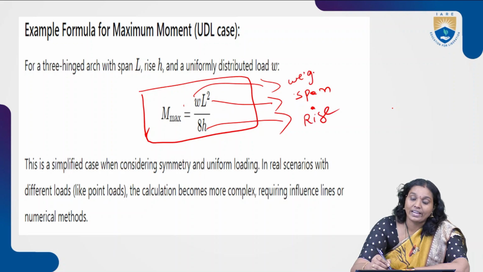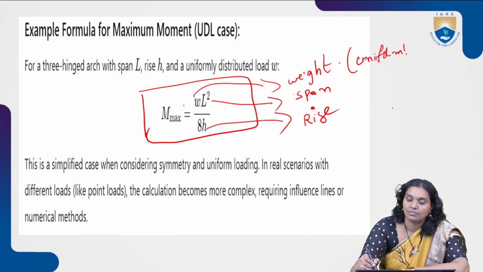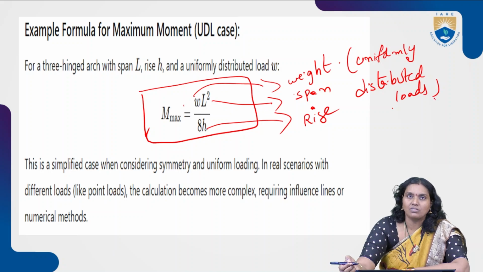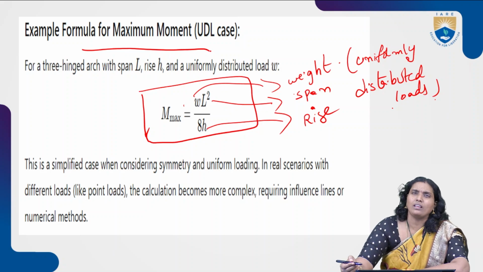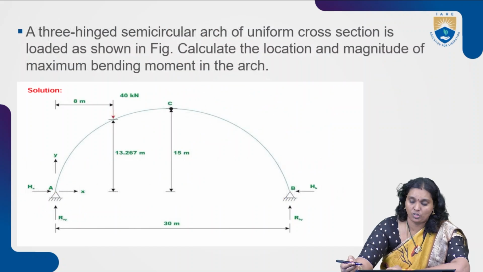These are the parameters involved. L is the span and H is the rise, and W is the weight, the uniformly distributed load, UDL. This is the example formula for the maximum moment under a uniformly distributed load.